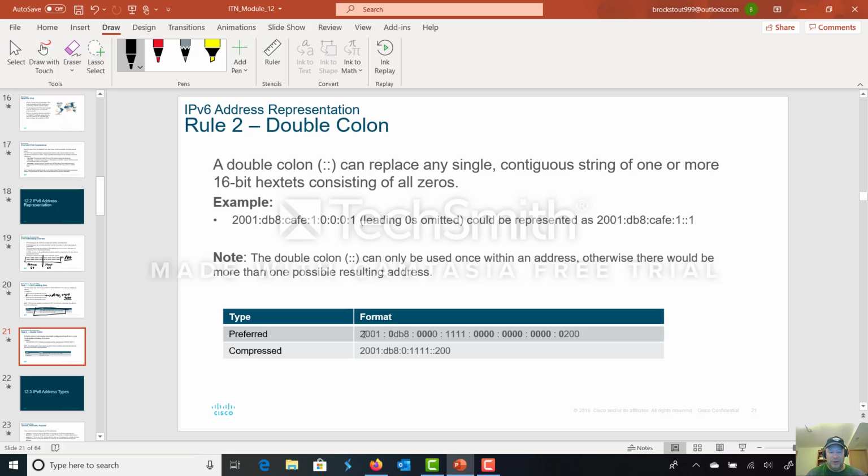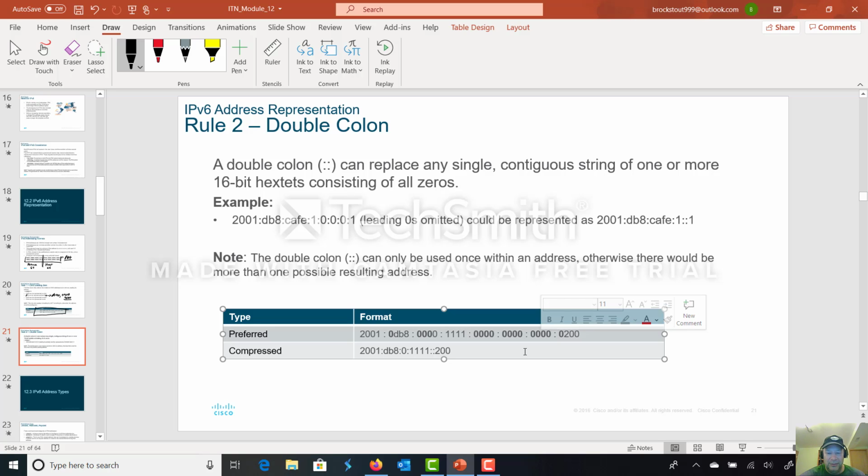So if we've got 2001 0DB8, we can obviously drop that leading 0 there, and then we've got a block of 4 zeros here, and then a block of 4 zeros here, here, and here. Now the shortest way to write this out is we can take one block of quad zeros and replace it with double colons. Basically we know that there's going to be 8 parts to any given IPv6 address.